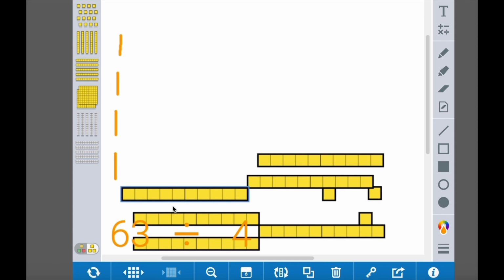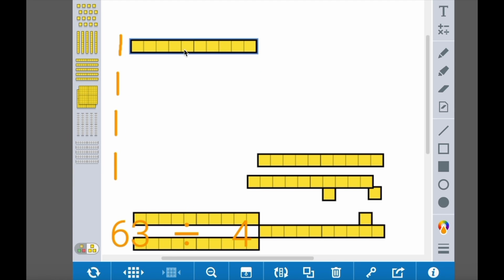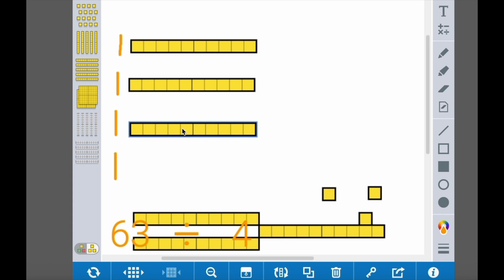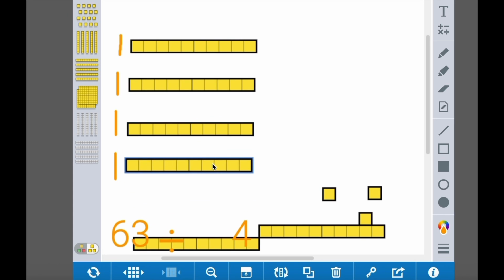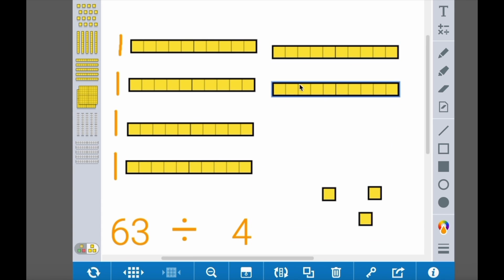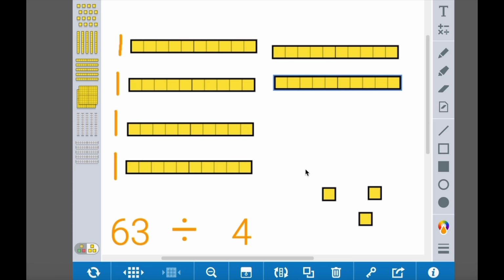Now our goal is to get these into equal and even rows. So here I have 10, 20, 30, 40, 50, 60. I already know this is not going to be even. So think about it all being even straight down. That is not going to work out.